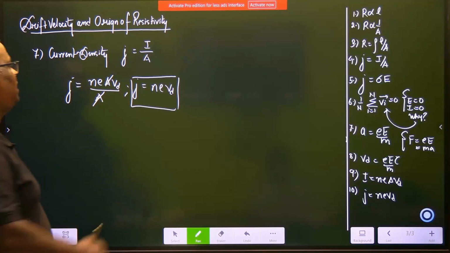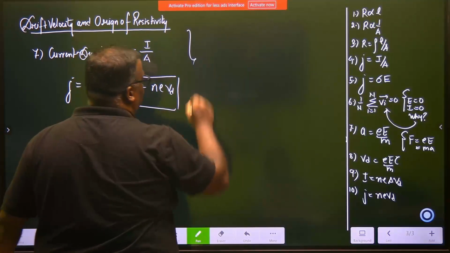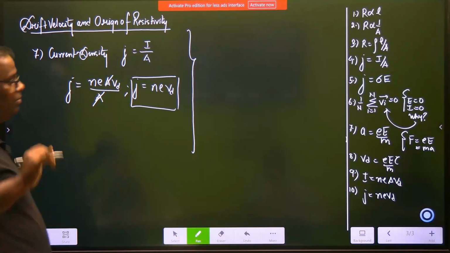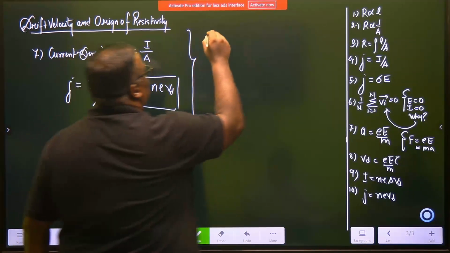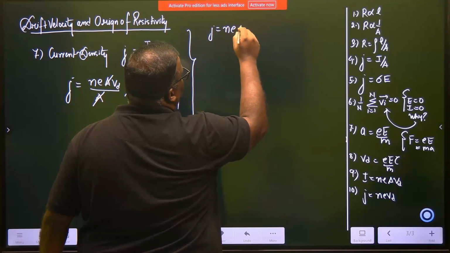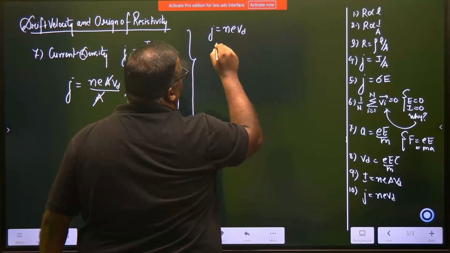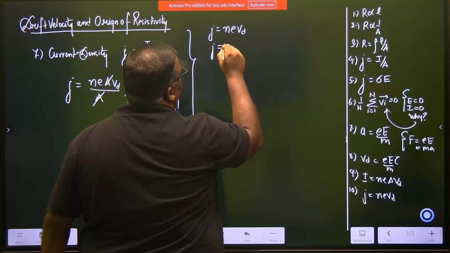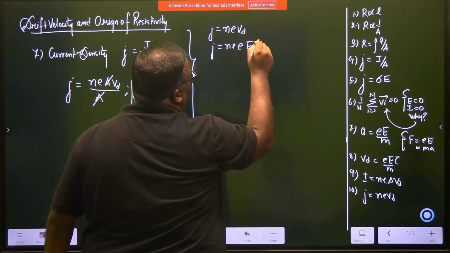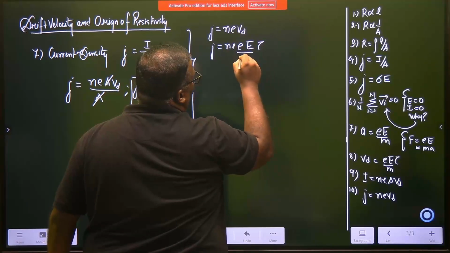Current density is done. Now J is equal to NEVd. Can I also write J as NE times E tau by M?